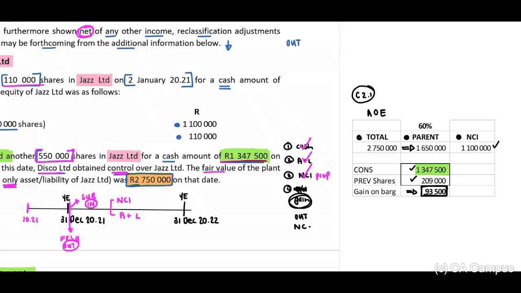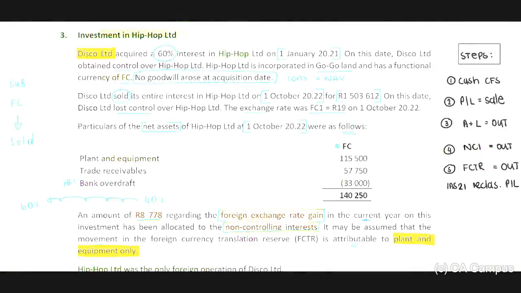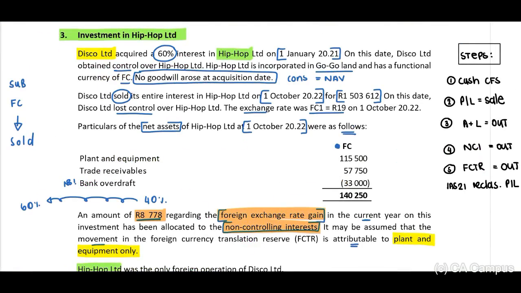Right, therefore, if we now look at our steps, we have now included all of the relevant steps in terms of our cash flow statement. Investment in Hip Hop Limited. Disco Limited acquired a 60% interest in Hip Hop Limited on 1 January 2021. On this date, Disco Limited obtained control over Hip Hop.